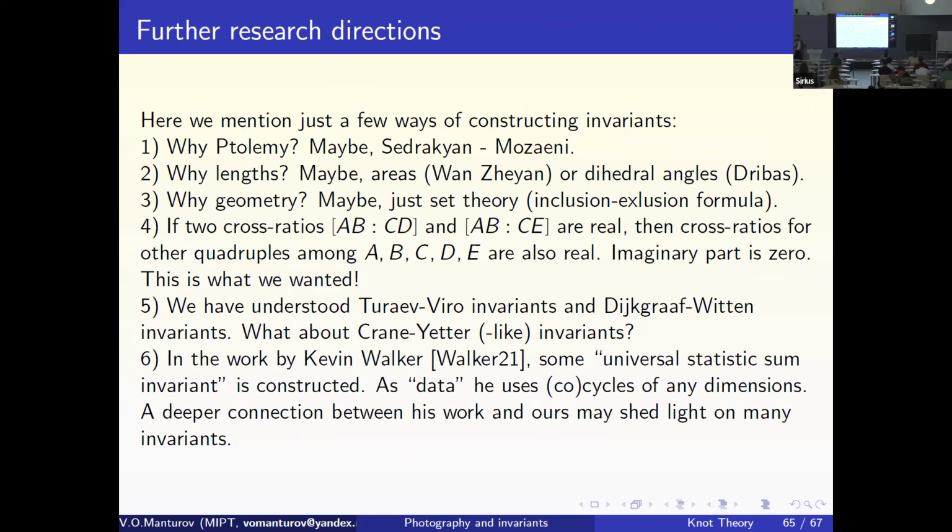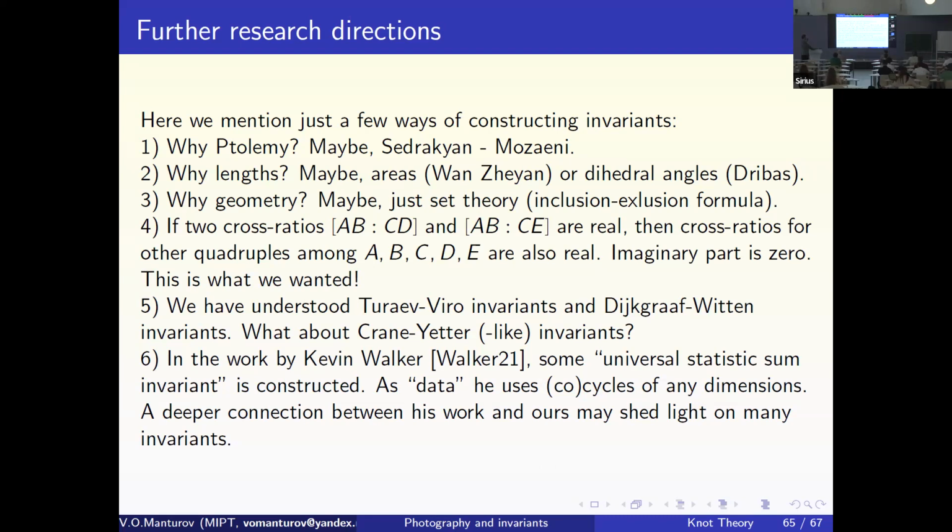So take the Sedrahian-Mazzani formula and check the Ptolemy. Of course, the brute force will give you the answer, but when you get to it, you will see some details, you will have some division by 0 and other things, which can give further directions for invariance of braids, manifolds, and other things. Okay, of course, there are Sedrahian-Mazzani-like formulas in 8 dimensions.